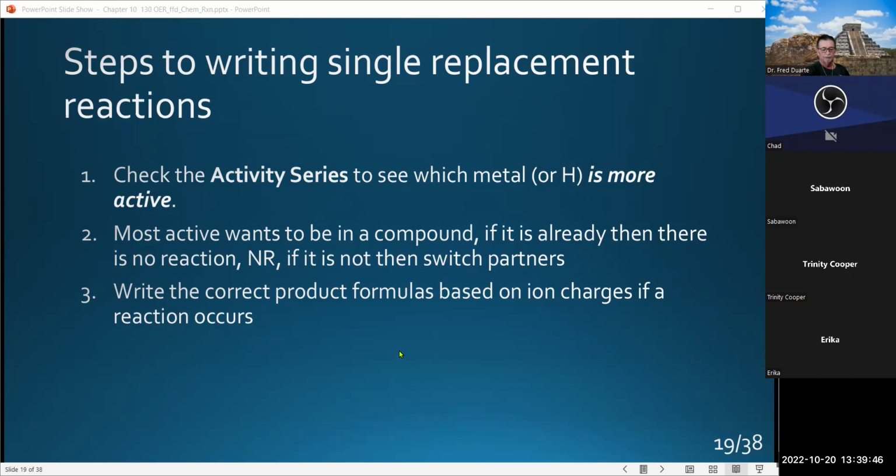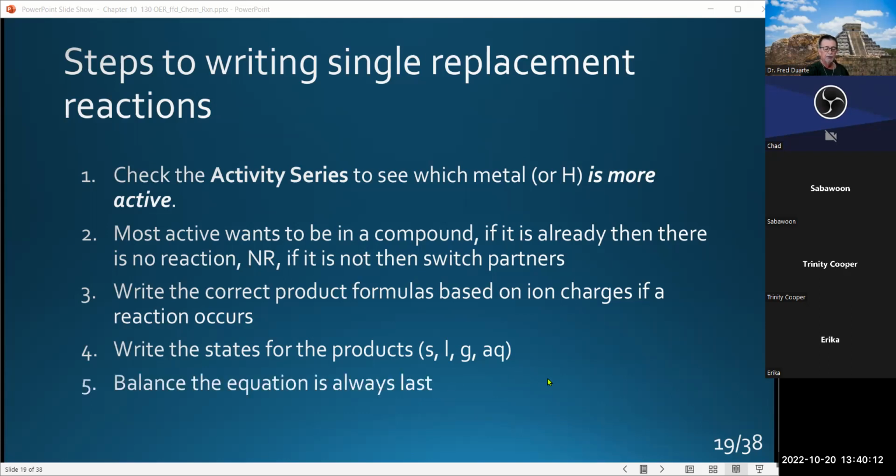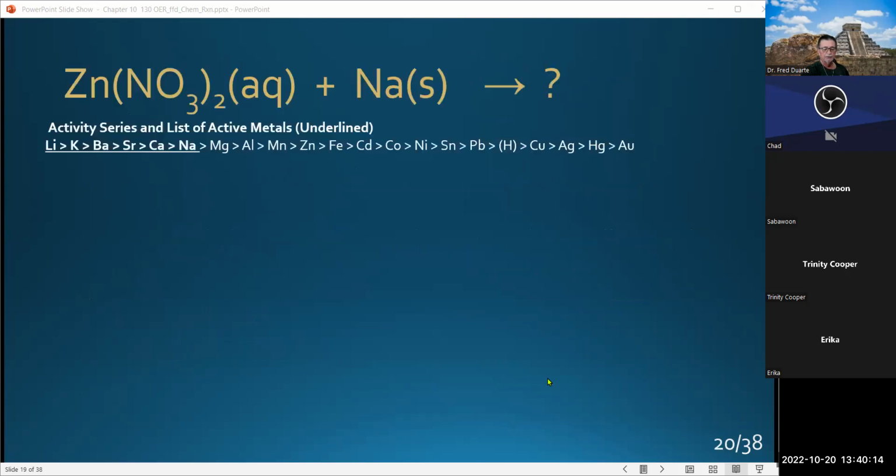Then, of course, we put the formulas in, and the physical states. If they are all elements, more likely they're solids, all the metals, unless it's mercury. If not, then we look at solubility rules, things like that, and put them in the correct physical state. Then, of course, we balance the reaction.